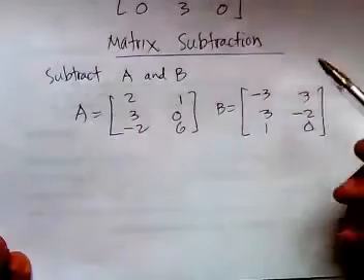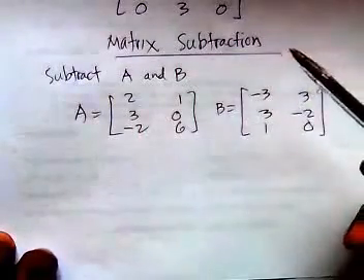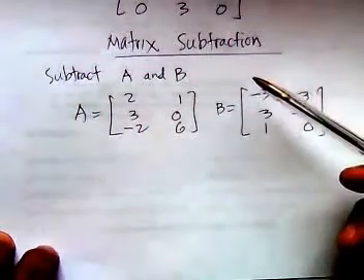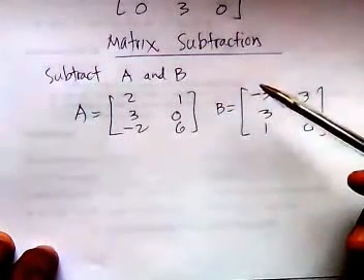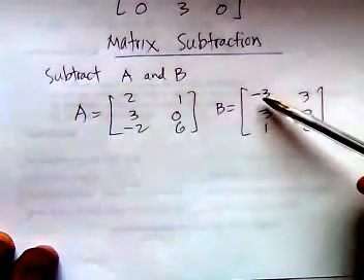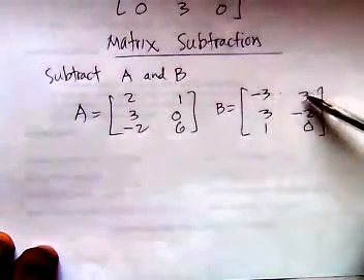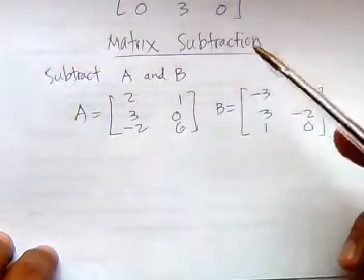So here is the rule in matrix subtraction. Matrix subtraction is just similar to matrix addition. The only thing is that you change the sign of all the elements of B and proceed to addition.